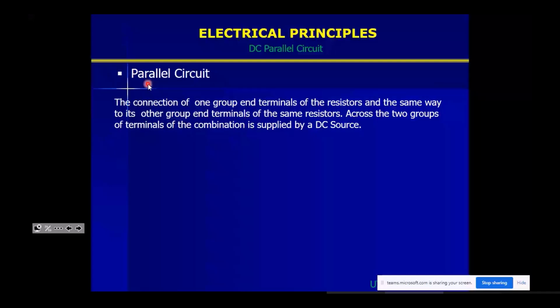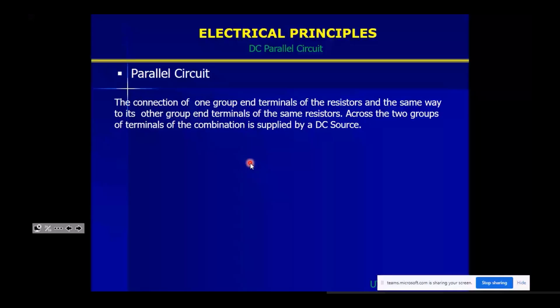No. Forget electrical. Forget everything. Only the word parallel. What do you understand about parallel? Anybody? So we can say it starts in one line. It's not in one series line.